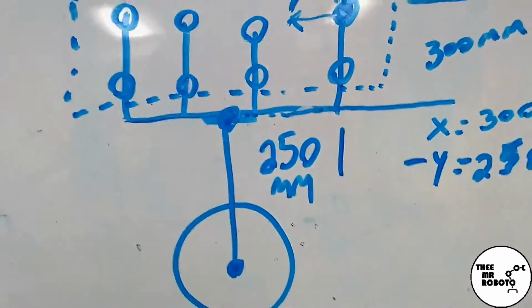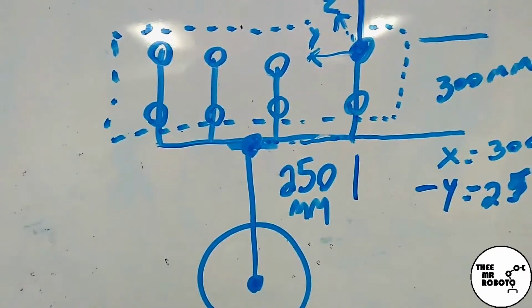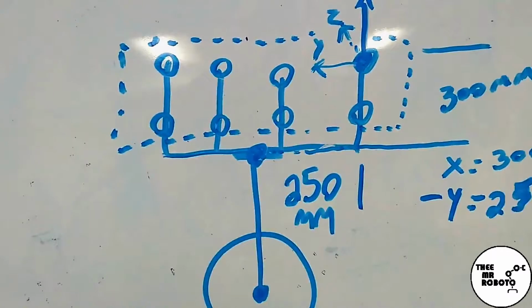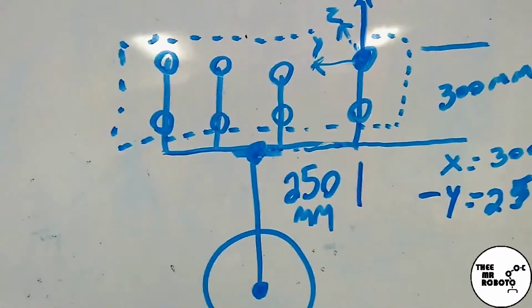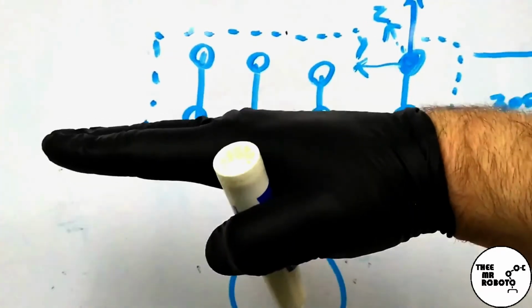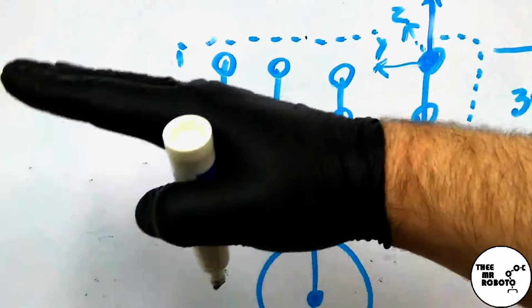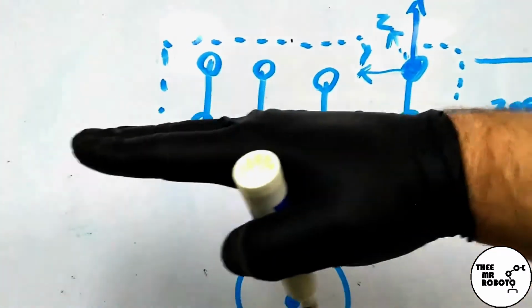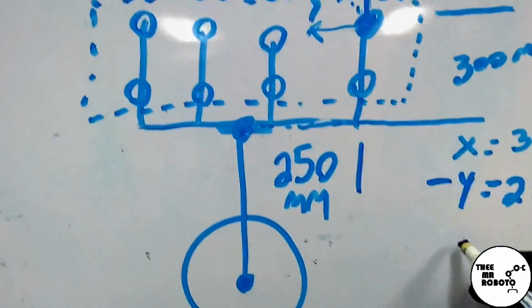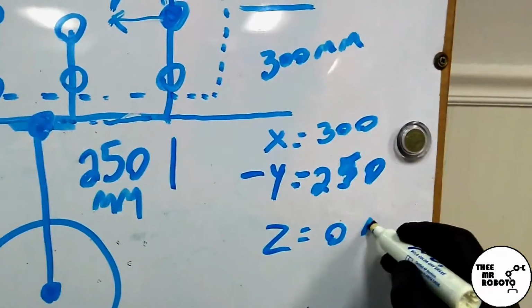And let's say that the z is, let's just leave it at 0. So if you were looking at this sheet from the side, it would be perfectly centered with your flange coordinate system, all right? So we'll have a z offset equal to 0 millimeters.